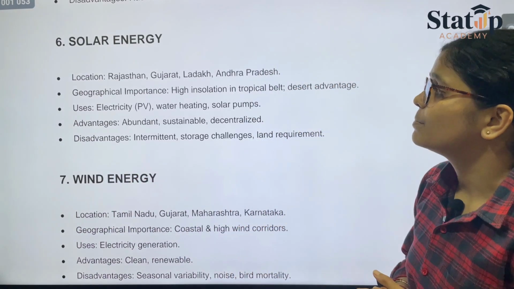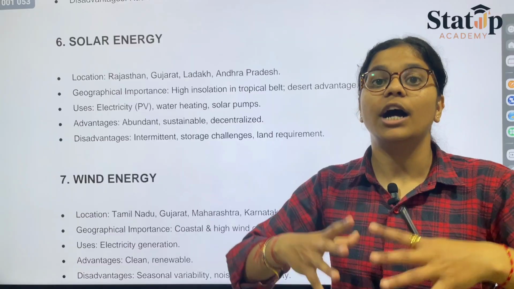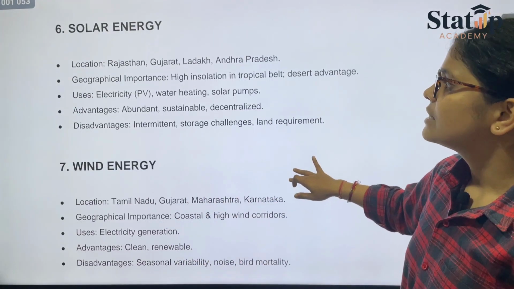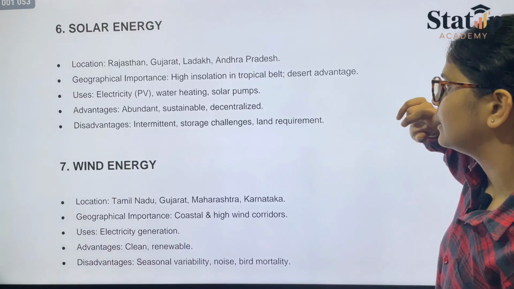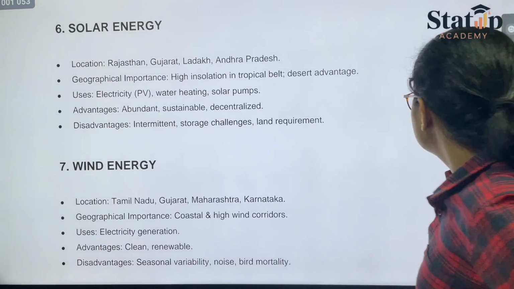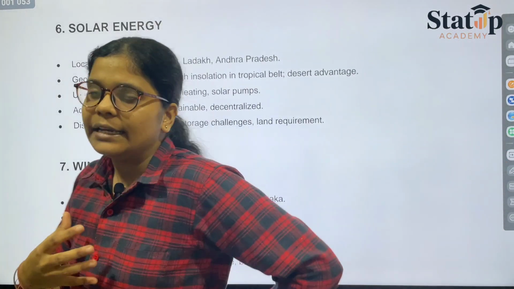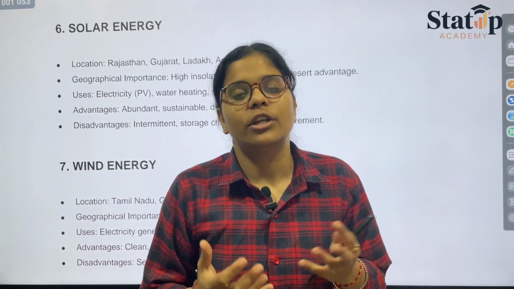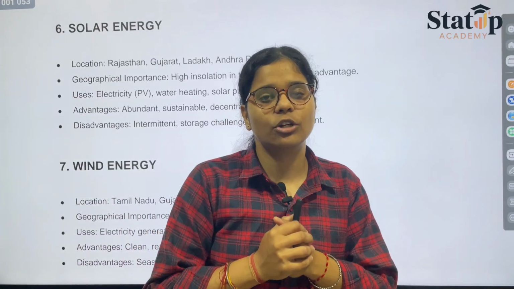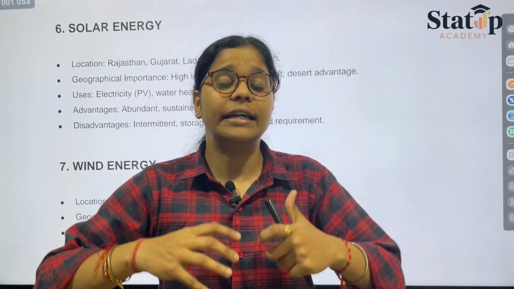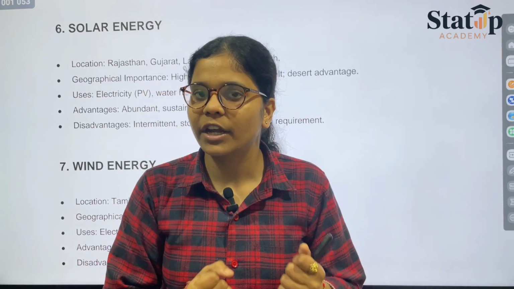So solar energy is basically found in the areas where there is a large amount of sun for the major part of the year. So where can it be seen? It can be seen in Rajasthan, Gujarat and Andhra Pradesh, including Ladakh as well. So geographical importance: it will be highly useful where there would be high insolation. High insolation could be seen only at the places where the sun's rays are quite high, the heat is intensive, so that a large amount of heat is entrapped.